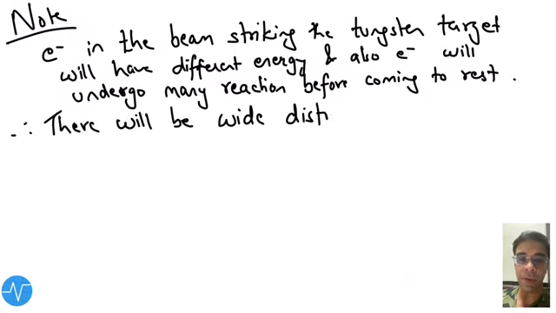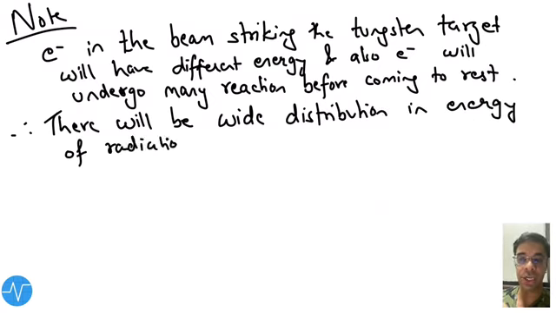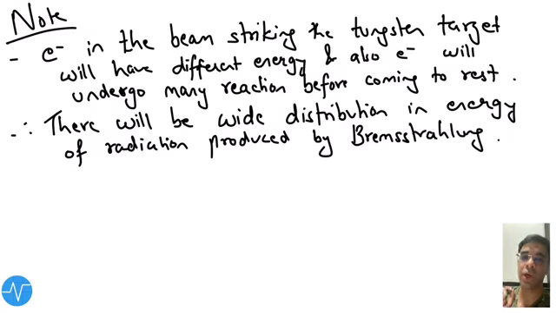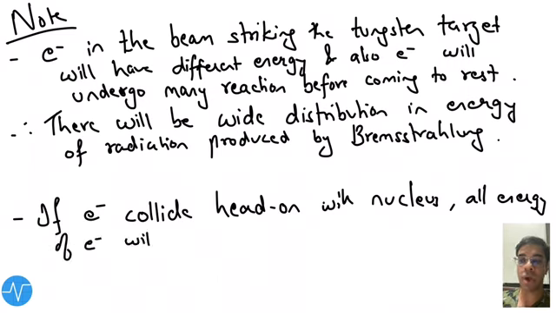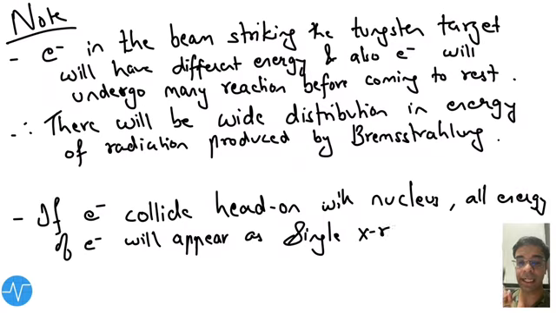Therefore, there will be a wide distribution in the energy of radiation produced by Bremsstrahlung or general radiation, which we will see on the graph. Second point to note is that if an electron collides head-on, meaning directly with the nucleus, all the energy of the electron will appear as a single X-ray photon.